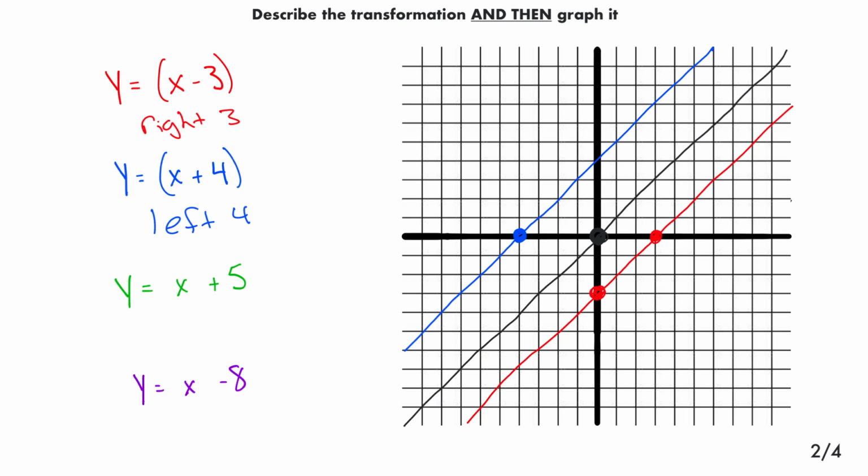Now I'm dealing with no parentheses. It's just y equals x plus 5. This is where you can visualize it moving up and down. So for a plus 5, that will move the center up to here. It will move it up 5 units. And the graph will look something akin to this.